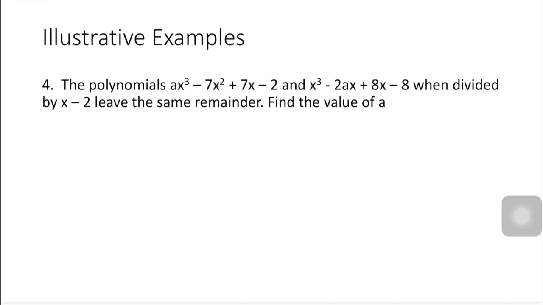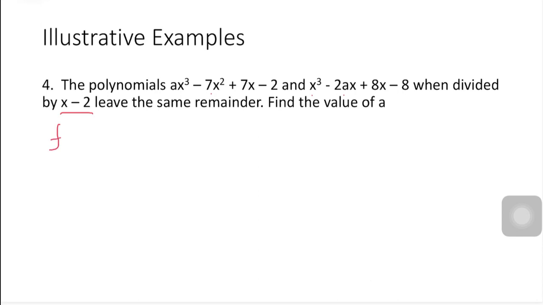The polynomial ax cube minus 7x square plus 7x minus 2, and another polynomial, x cube minus 2ax plus 8x minus 8, when divided by x minus 2 leave the same remainder. So we need to find the value of a. What is given?